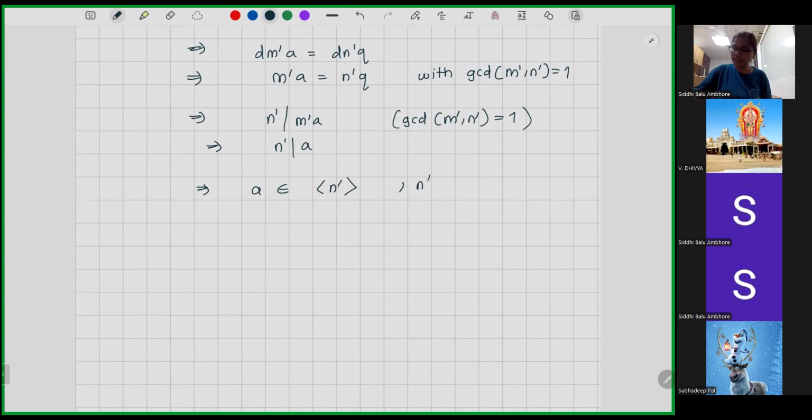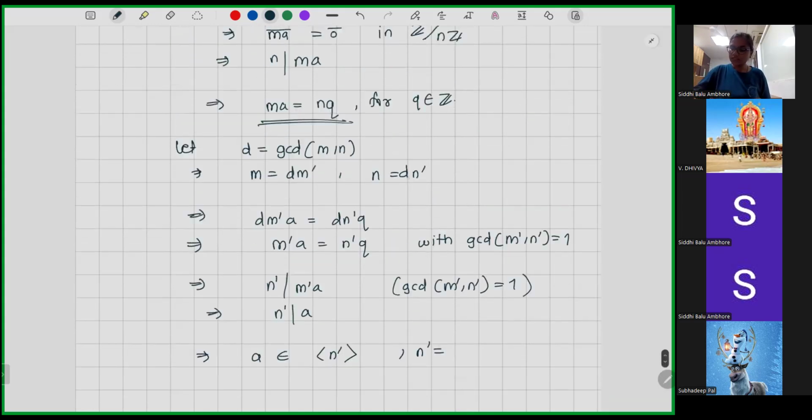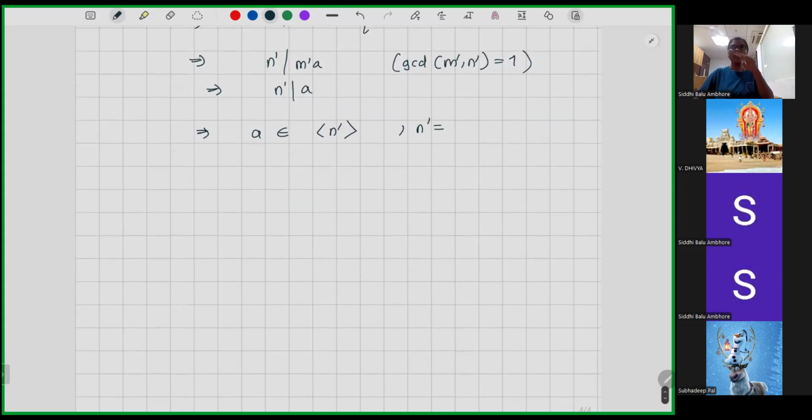And what was this N dash in fact? N dash was this D. So from here N dash is N by D. D was GCD of M comma N. Okay, so in fact, therefore, let me write again.